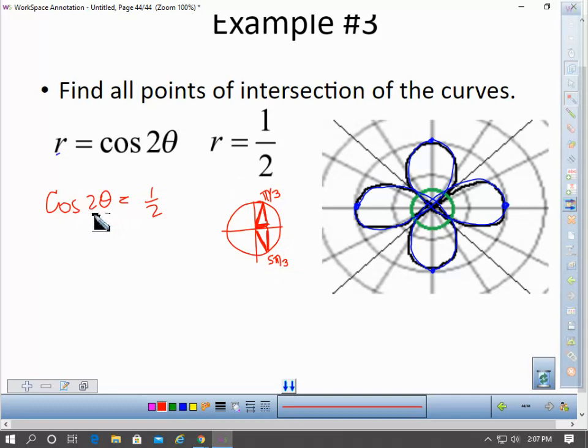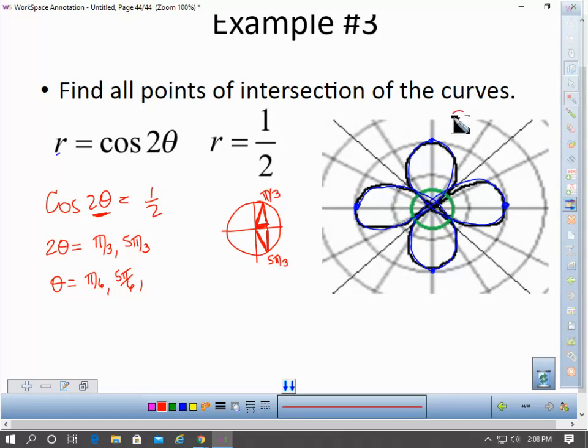So that means this answer here, 2 theta, has to equal pi over 3 and 5 pi over 3. All right, so then when I divide by 2, that's going to give me pi over 6 and 5 pi over 6. Now, I want you to see here something's happening.